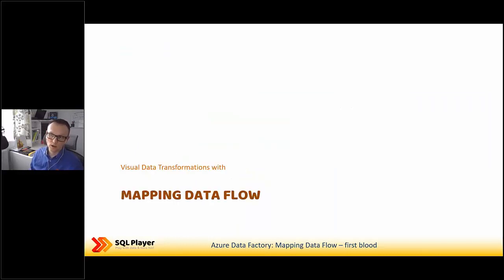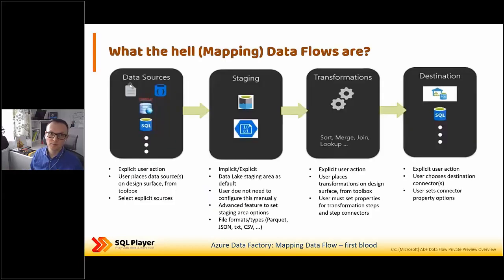So why do we need mapping data flows, and what are they? Using only the pipelines in Azure Data Factory, you can copy or move your data very easily. You can copy the existing structure, but you cannot change the structure of the data or the datasets; you basically have to bring the data as it is.